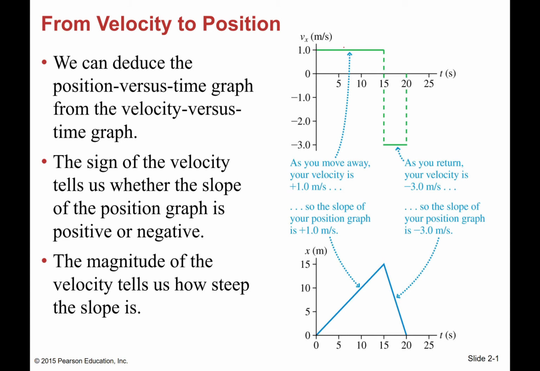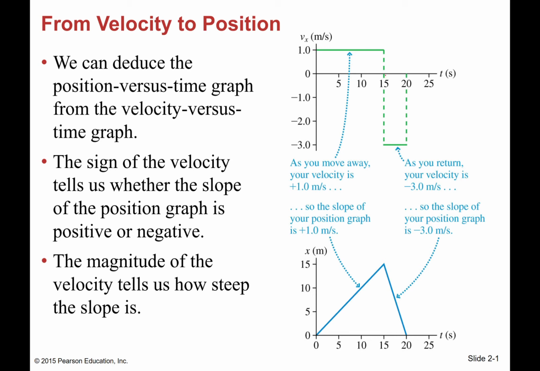So what would then be the position versus time graph? Assuming that the person starts at 0, then it moves with a positive velocity up to 15 seconds. That means the position versus time graph should have a positive slope, right? So the inclination here should be positive.